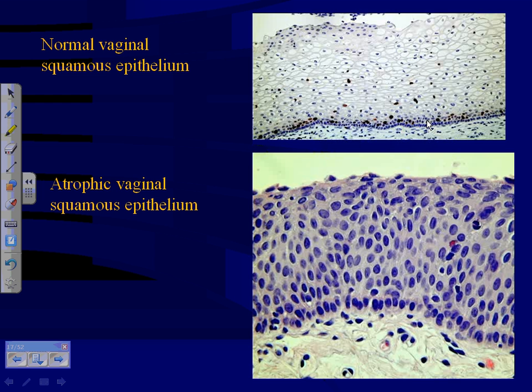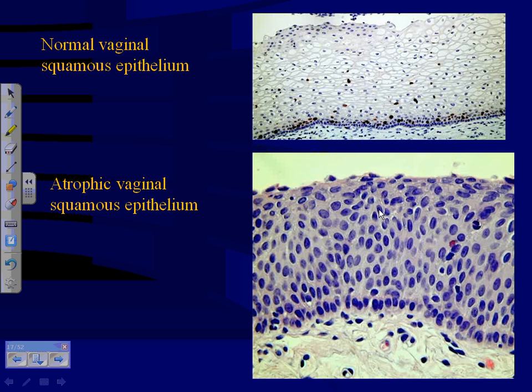You see the brown? That's actually an immunostain. But I just wanted to point that out. You don't need to know that right now, but it's a normal epithelium, and it's showing you normal maturation of the epithelium with a very small basal, parabasal layer with lots of maturing intermediate cells, and then a thinner layer of superficial cells at the surface.